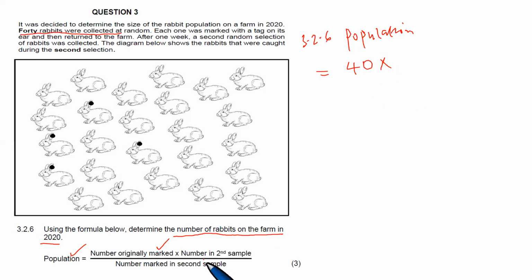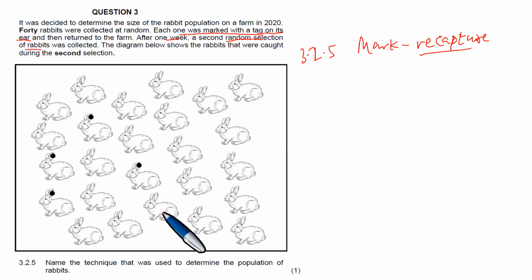Multiplied by the number in second sample. After 1 week, a second random selection of rabbits was collected, and the diagram below shows that. 40 rabbits were collected at random, each one was marked with a tag on its ear and then returned to the farm.